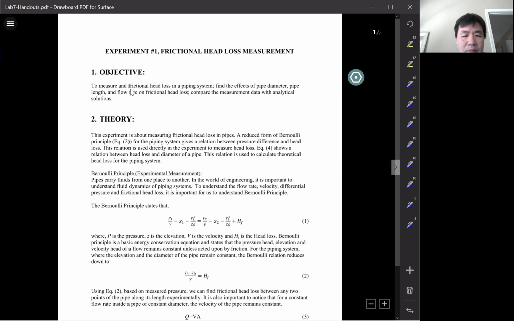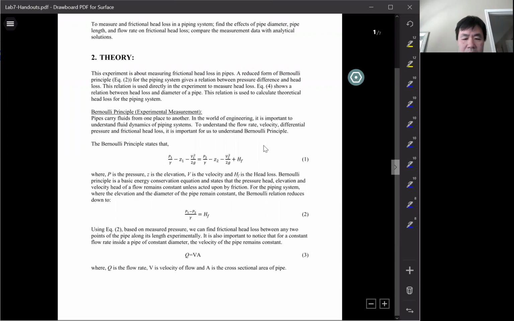The objectives are to find the frictional head loss in the piping system, find the relation due to the pipe length, pipe diameter, and the flow rate, and then compare the measured data with theoretical analytical calculation.